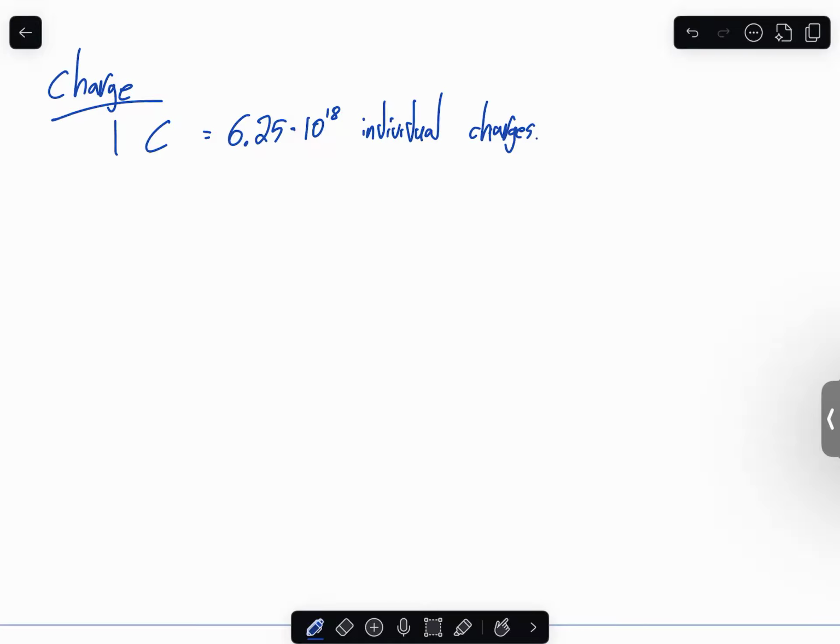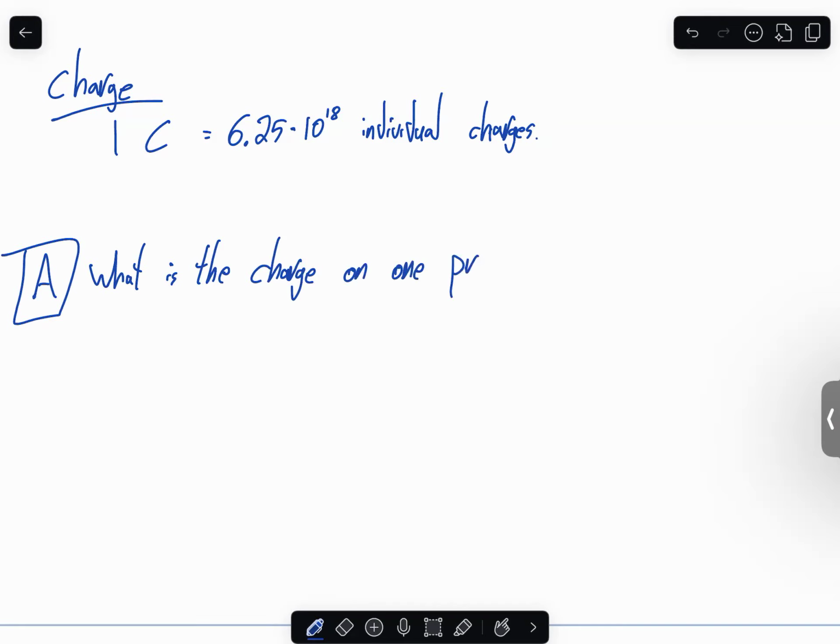Google Form A. What is the charge of 1 proton? And don't look it up. You can deduce this from what I just said. 1 coulomb is that many charges. So how many coulombs is 1 charge?